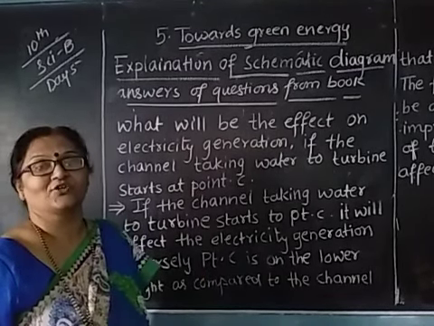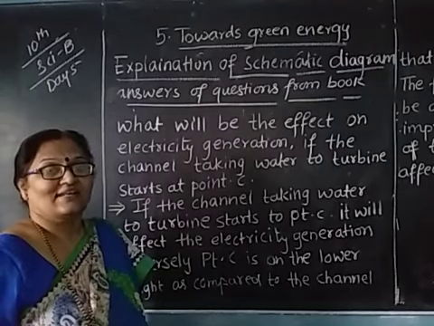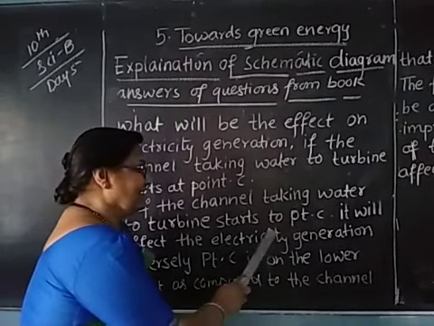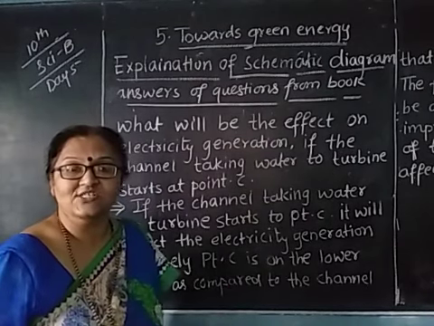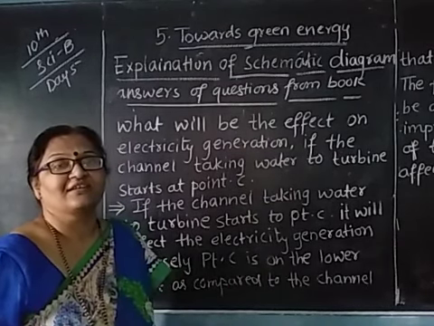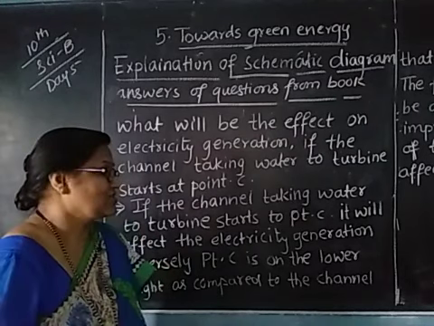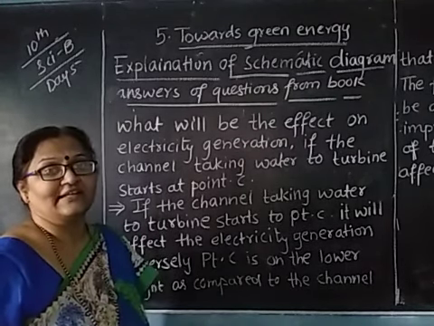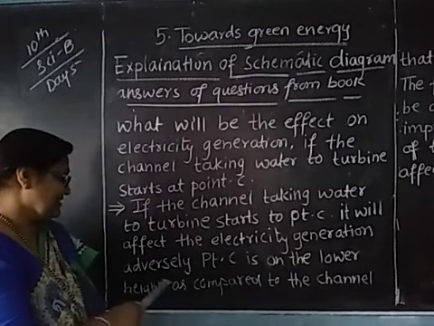Now we are going to see the answer. If the channel taking water to the turbine starts at point C, it is going to affect the electricity generation. That means there will be a shortage in the creation of electricity.